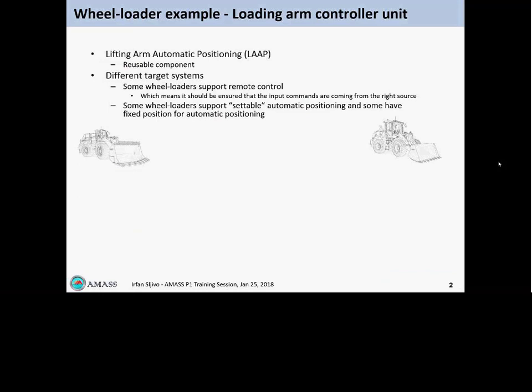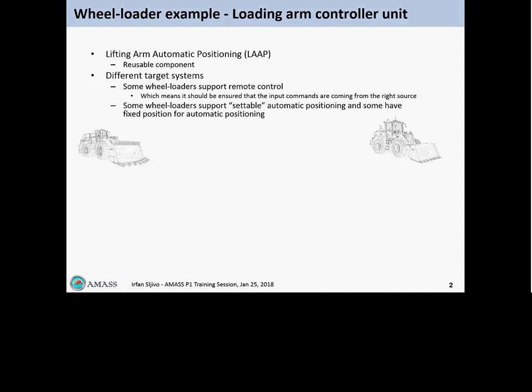I've been using wheel loaders, and as you may know, each wheel loader has a lifting arm which can go up and down and do some movements. The controller of this arm consists of several smaller components.